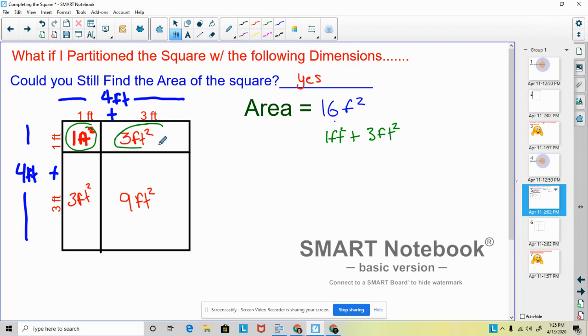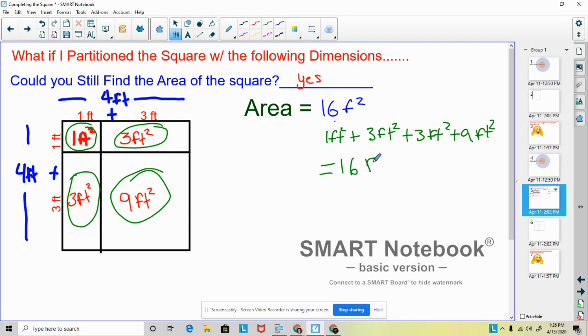Okay, so 1 feet plus 3 feet, plus I got another area that I have to add, plus another 3 feet squared, plus the last area, 9 feet squared. You should get a total of 16 feet squared as well.